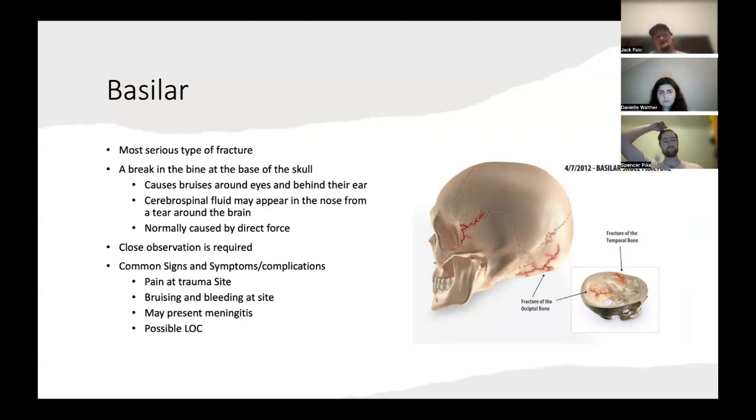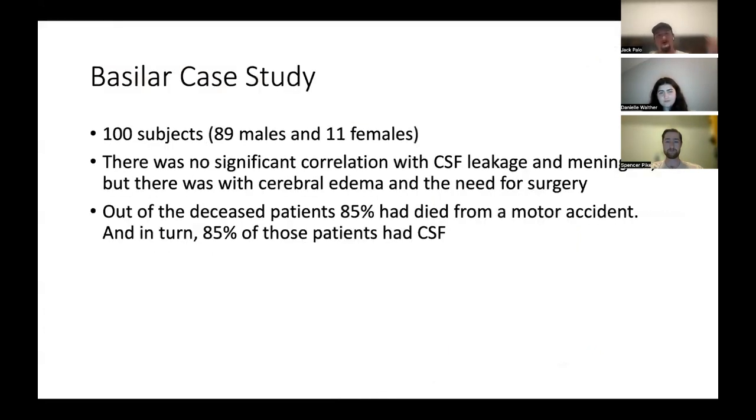Also, with these types of fractures, you can also have cerebral spinal fluid coming out of your nose. Also, this type of fracture is primarily caused by direct force. And actually, I'll get into that with the case study I found.